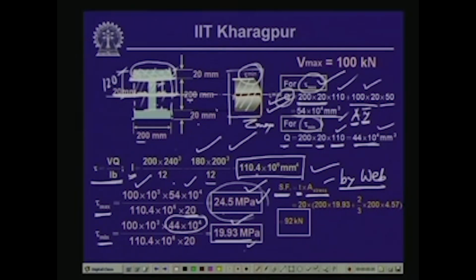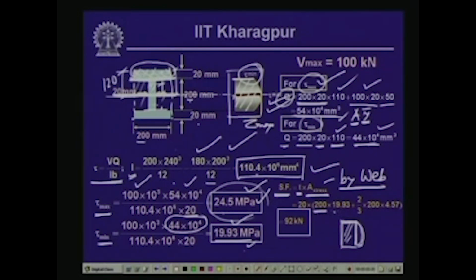Now, for the area of the stress diagram, we can divide the whole stress into two parts. The stress distribution is something like this. We can divide this into two parts, one is this rectangular part and the other is this parabolic distribution. This value is tau minimum and this height h is equal to 200.